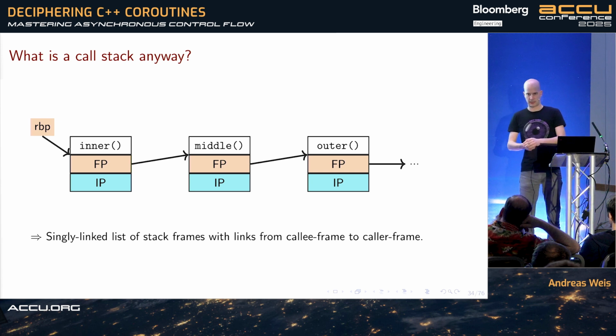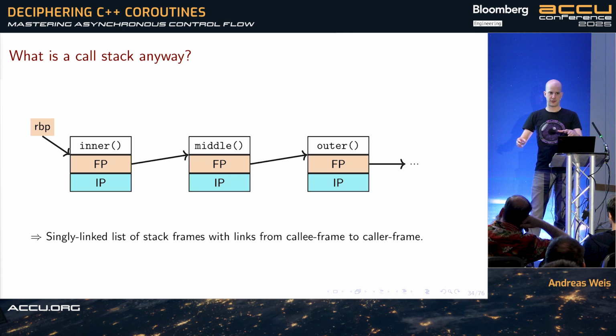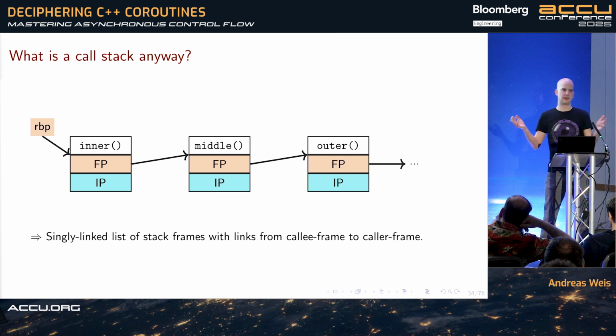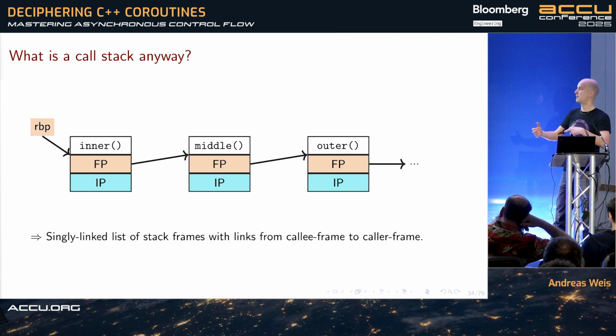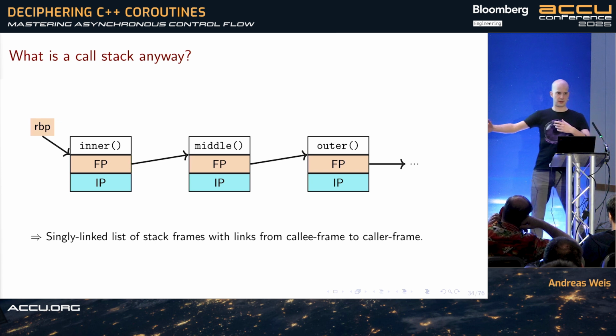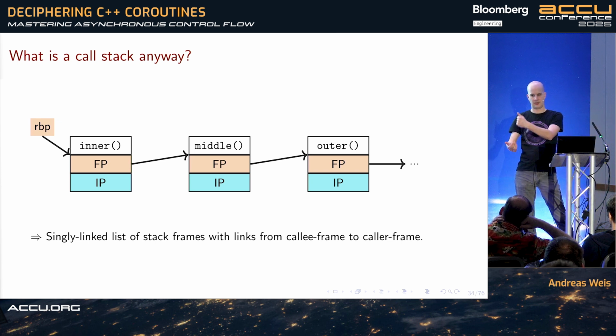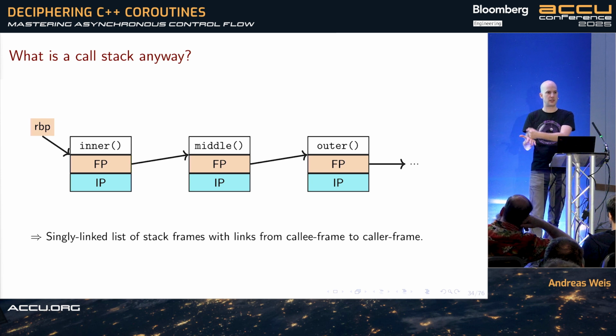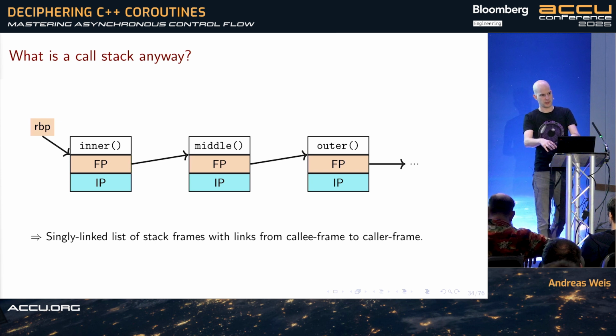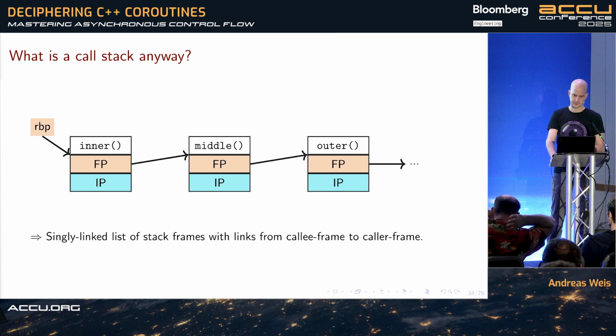Because our coroutines so far are just isolated objects, and once a coroutine suspends, it just hangs in the air on its own in a suspended state. We now need to connect them so that we can say, this other coroutine over here is actually my caller, so to speak, in the asynchronous context. That's the one that is waiting for the result that I'm computing right now.